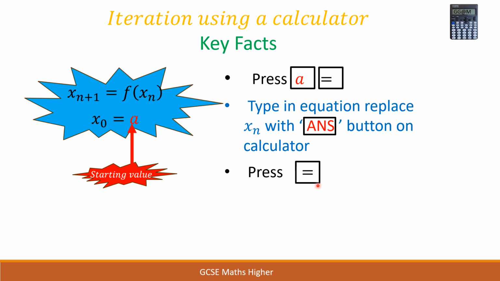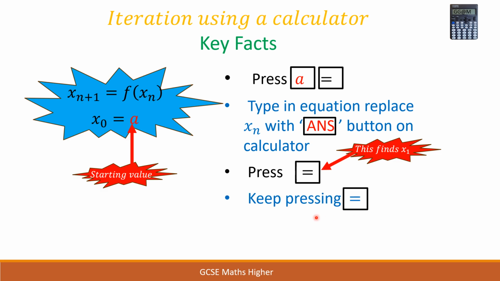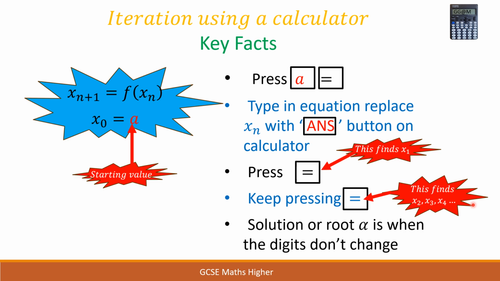Then if you press equals, this will work out x1, so this will find the first value. If you press equals again, then that will give you x2, and if you keep pressing equals, it will find subsequent solutions, x2, x3, x4, etc. Now the solution is the root alpha when the digits do not change.